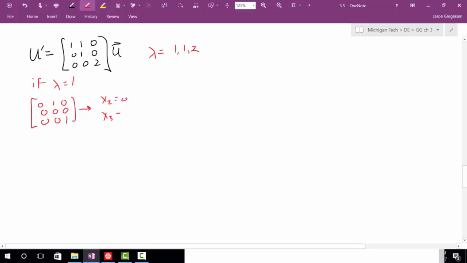I get x3 equals 0. What's going on with x1? It's free. That means I've got this eigenvector that is any number and then 0 and 0. I'm going to call it 1, 0, 0. That's my eigenvector.